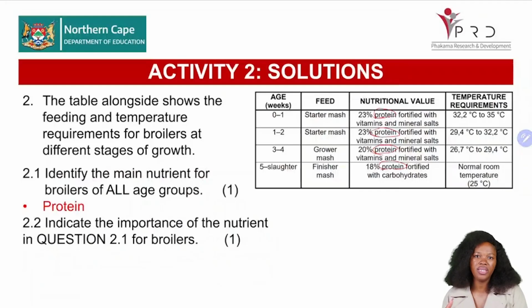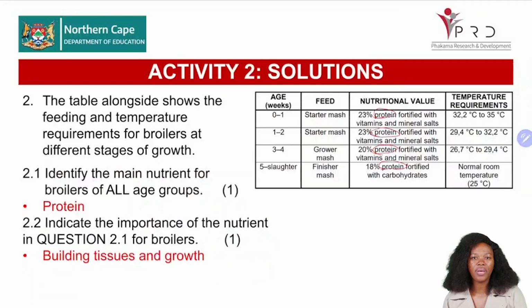They need more protein and sufficient fats and carbohydrates. Indicate the importance of the nutrient in question 2.1 for broilers. Firstly, building new tissues. Secondly, for growth. Thirdly, for production, meat production to be specific.